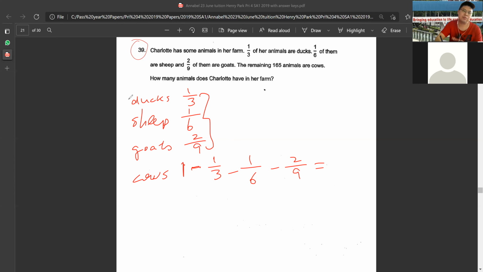Not 9. It has to be a multiple. The lowest common multiple of 3, 6 and 9 is how many?